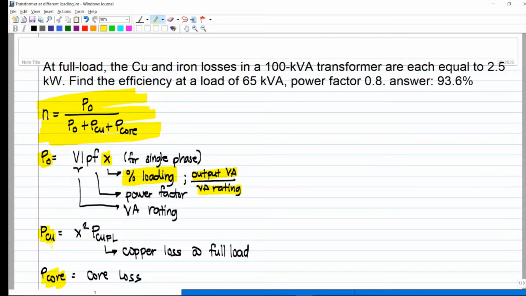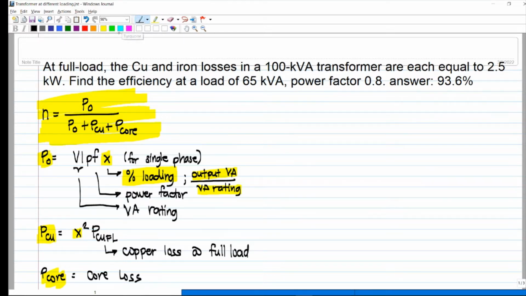Basta't lagi nating tatandaan na yung copper loss na ginagamit natin sa solution natin is yung full load copper loss na naka-times sa percent loading square. Next, core loss. Yung P-core natin na core loss, that is the constant loss sa transformer natin. So, kahit na saang loading, kahit na saang efficiency, ang core loss ng transformer ay hindi magbabago.